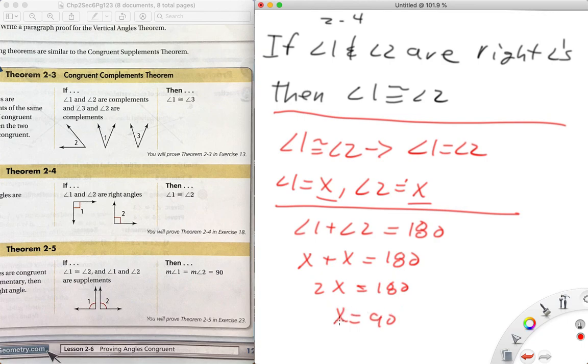So angle 1 is equal to angle 2, which is equal to 90. That's where that thought process is coming from. If they're equal, and they both add up to 180 degrees, then they must be 90.